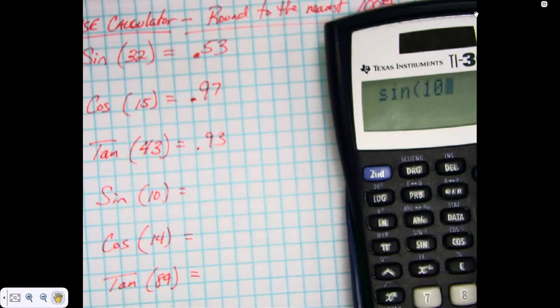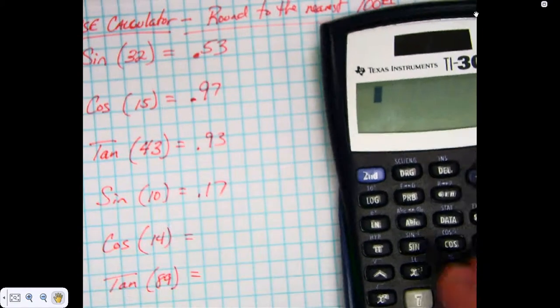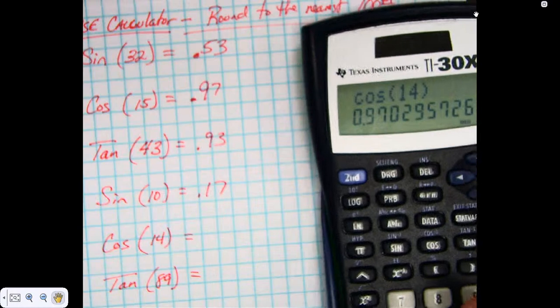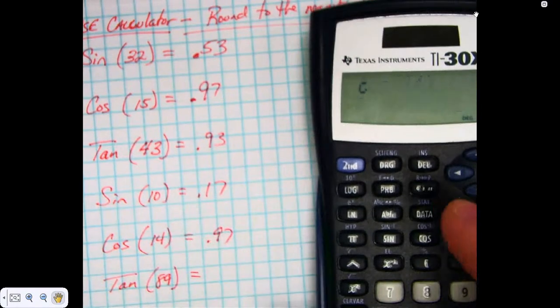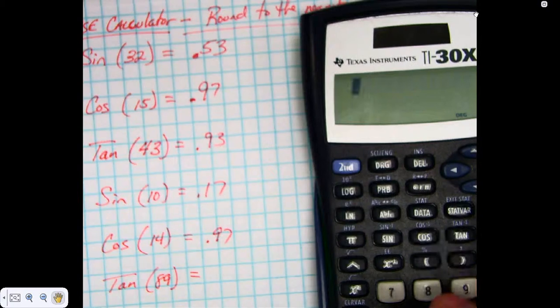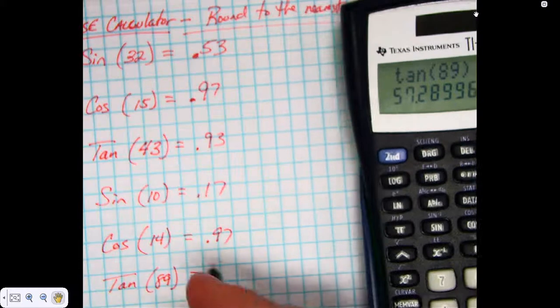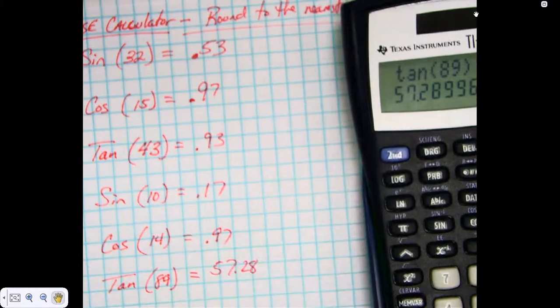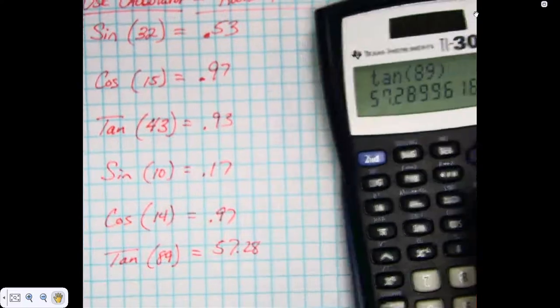Sine of 10. 0.17. Cosine of 14. 0.97, yes. And then let's go tangent of 89. 57.28. I know that seems like a weird number, but that's it.